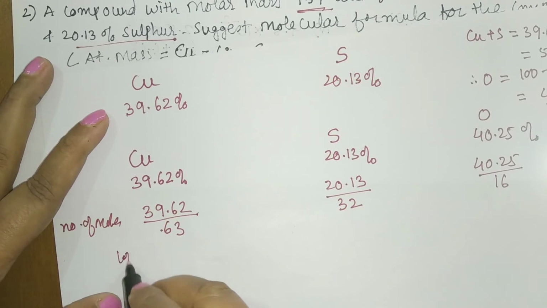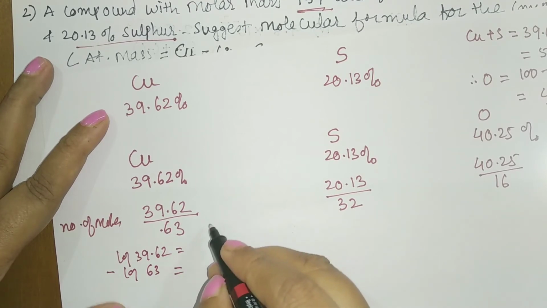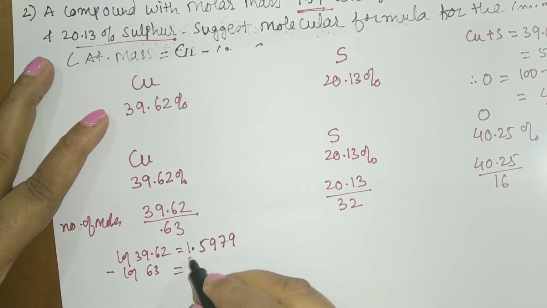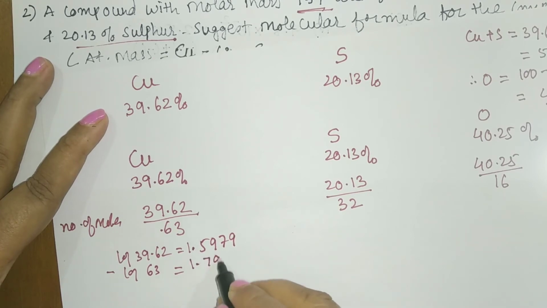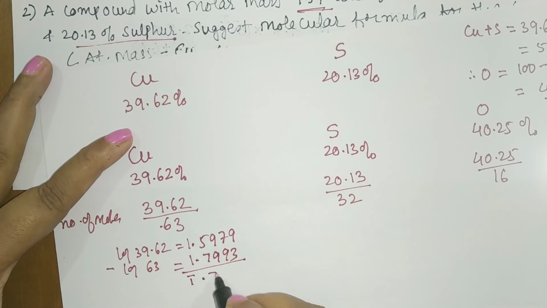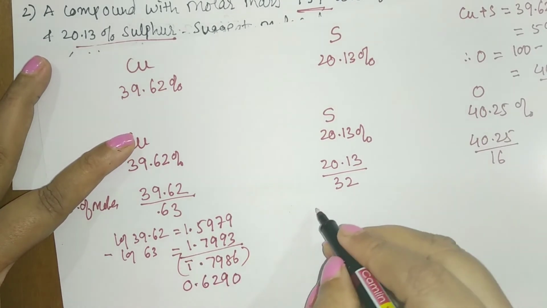It will be log of 39.62 minus log of 63. So this will be 1.5979 minus 1.7993. Difference comes out to bar 1.7986 and anti-log comes out to 0.6290.